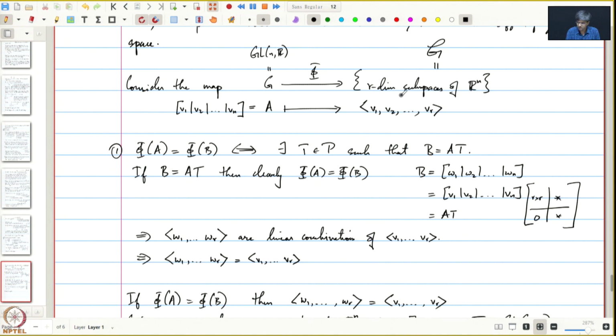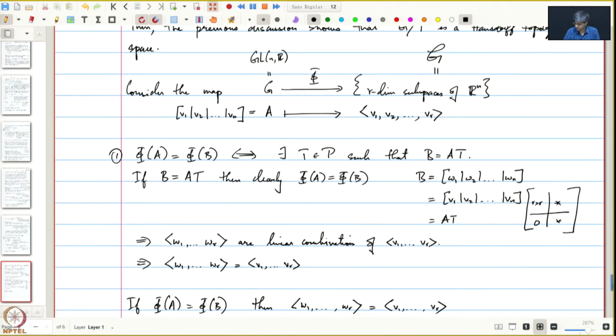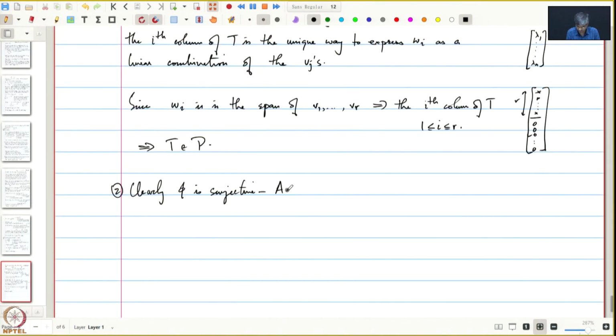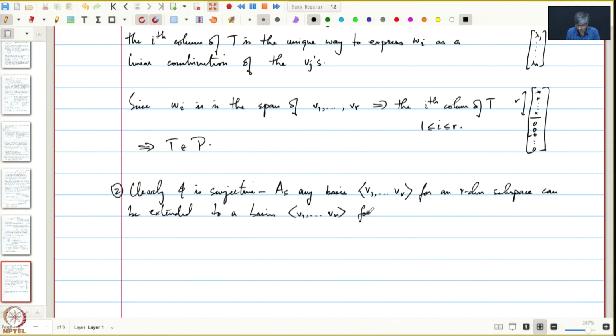Now, given any r dimensional subspace of Rn, we can choose a basis V1 up to Vr for that subspace, and we can extend it to a basis of Rn, and correspondingly we can get a matrix A. As any basis V1 up to Vr for an r dimensional subspace can be extended to a basis V1 up to Vn for Rn, we can take the matrix A to be V1, V2 up to Vn. So this shows that phi is surjective.